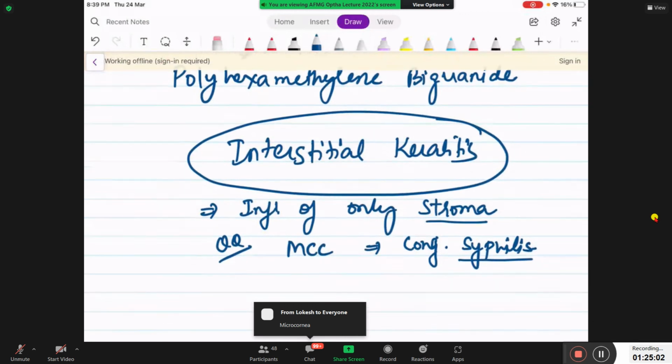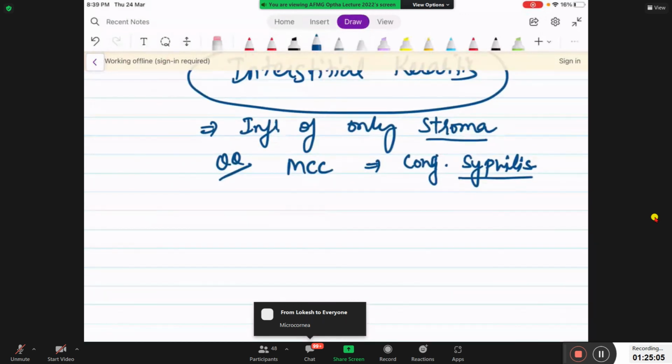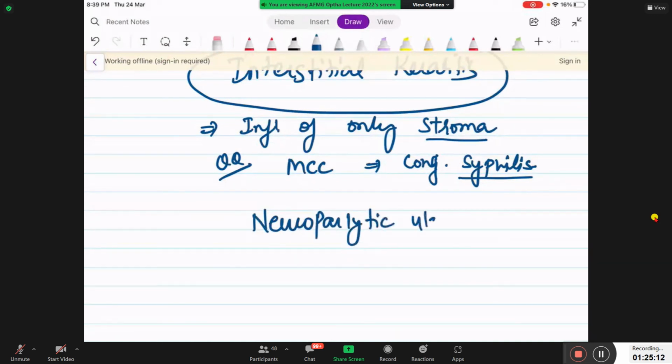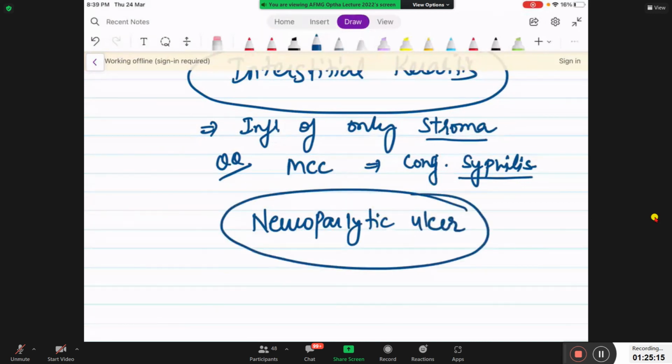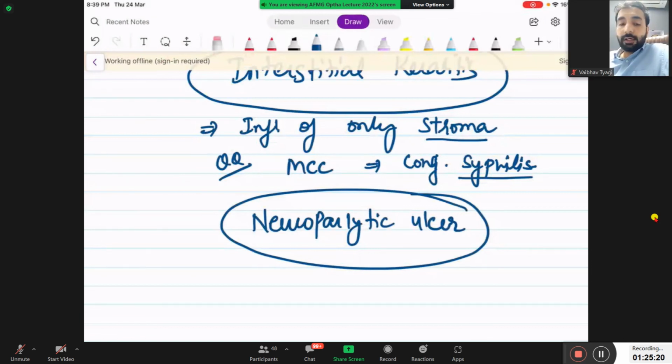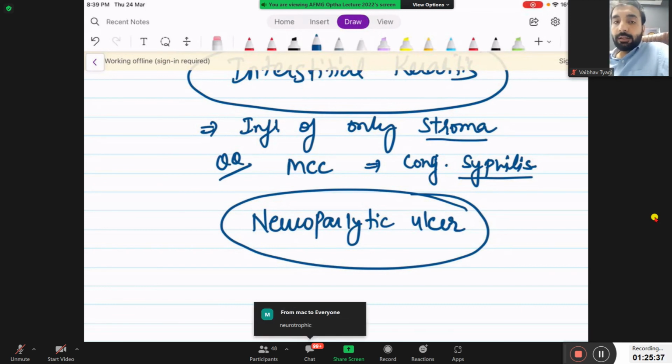So this is all about interstitial keratitis. Last, write down neuroparalytic ulcer. The name neuroparalytic ulcer is phonetically similar to which type of ulcer we have studied before in HSV keratitis? The other name was metaherpetic, which was because of which cranial nerve palsy?